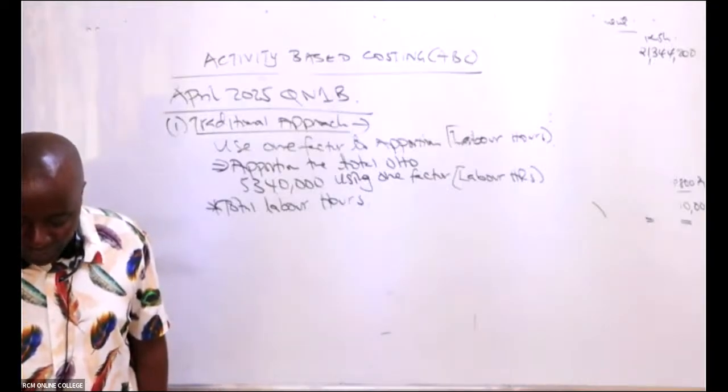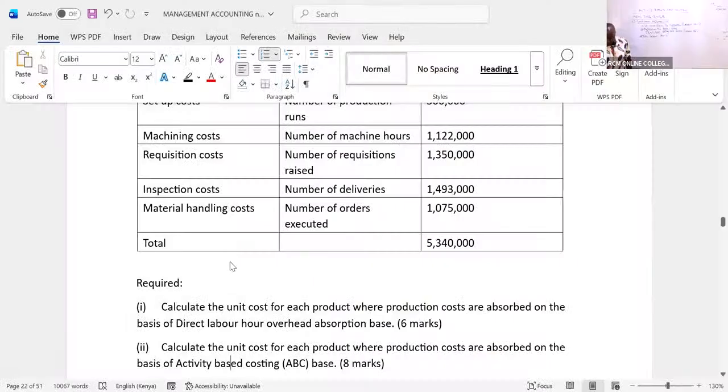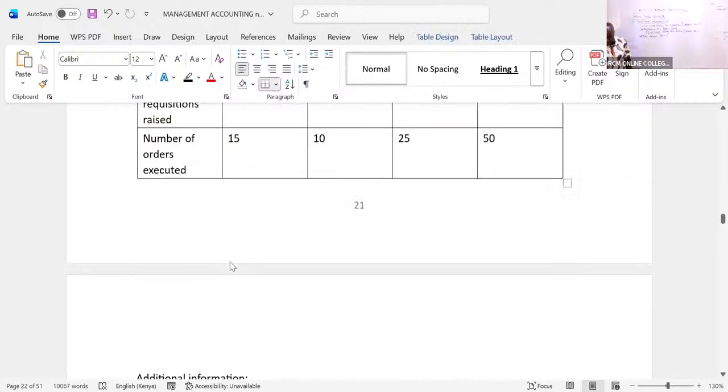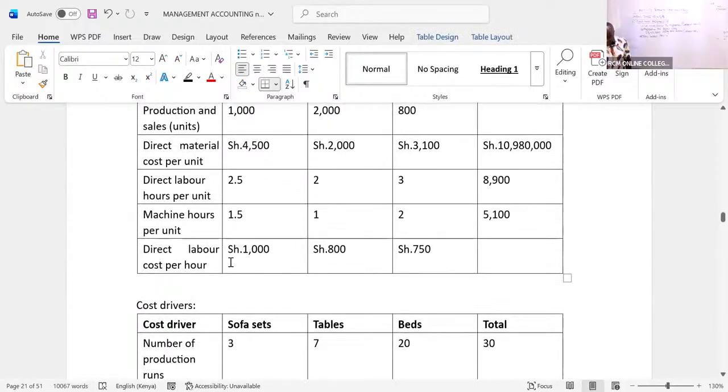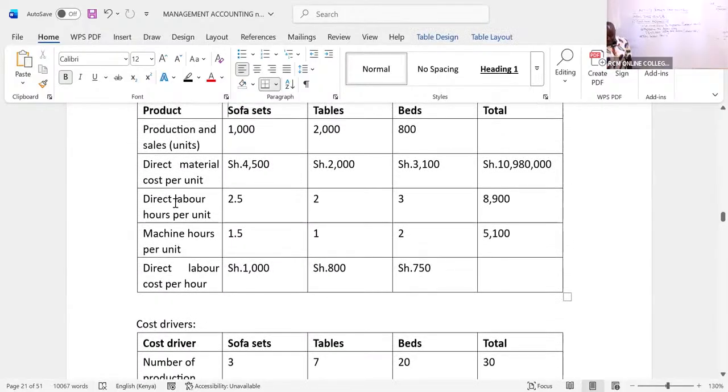Is there somebody else who is able to see that? You can see here, direct labor hours, they are 8,900.